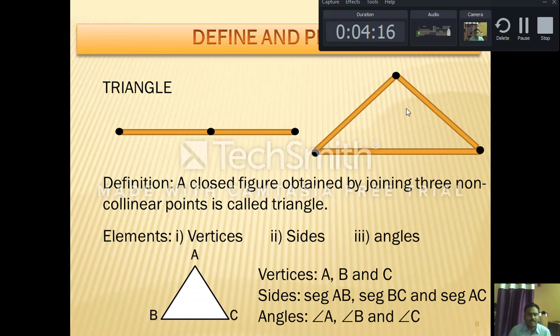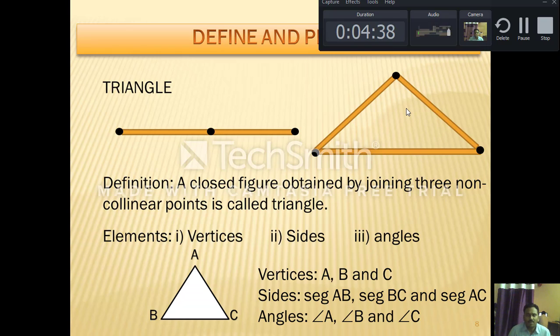If these 3 distinct points are collinear and we join them, we get a segment.